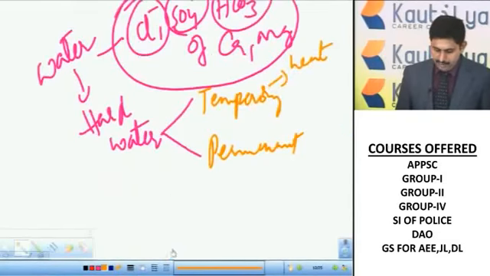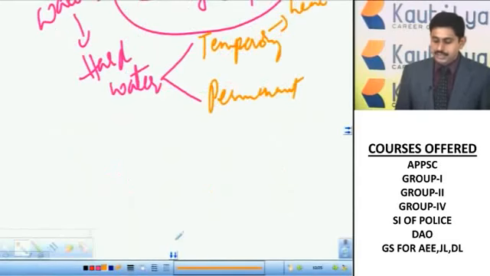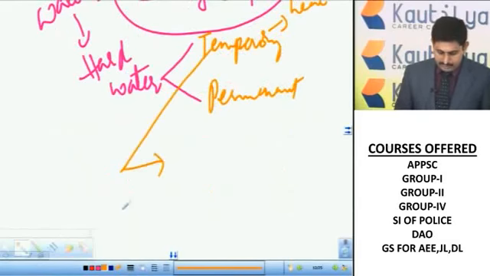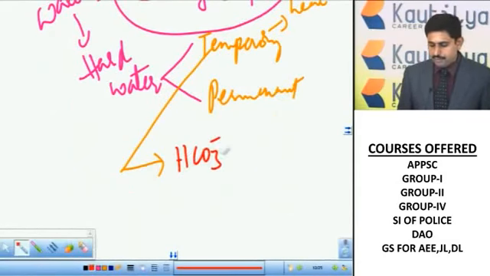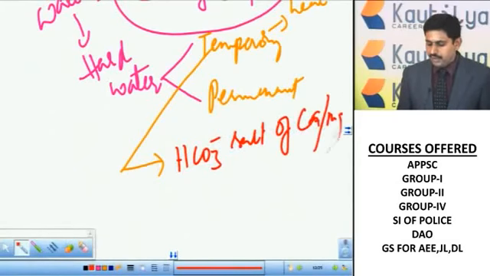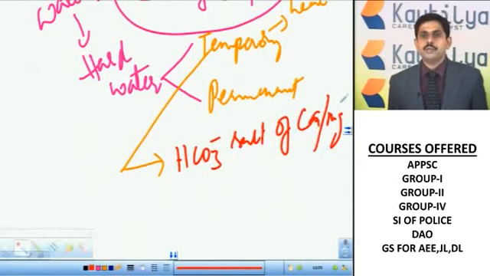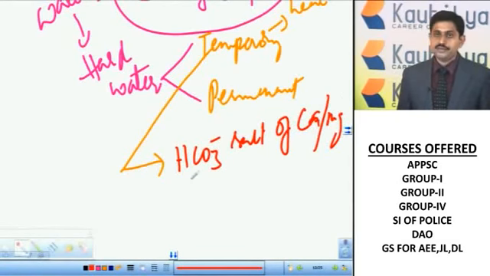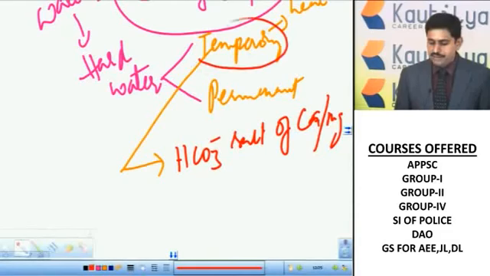Temporary hard water consists of only bicarbonate salts of calcium and magnesium, maybe calcium bicarbonate or magnesium bicarbonate. That means if the given water consists of calcium bicarbonate or magnesium bicarbonate, it is called temporary hard water. This temporary hardness can be removed by simple heating or boiling of water.